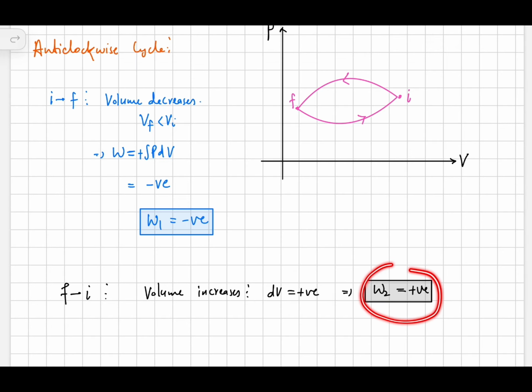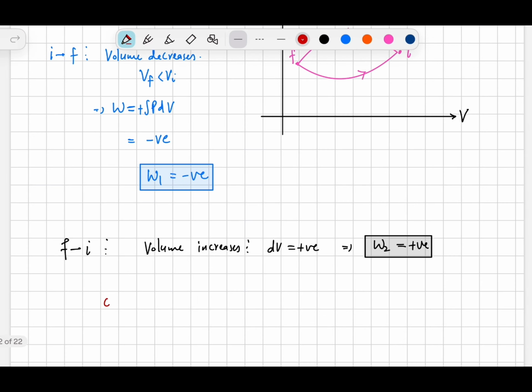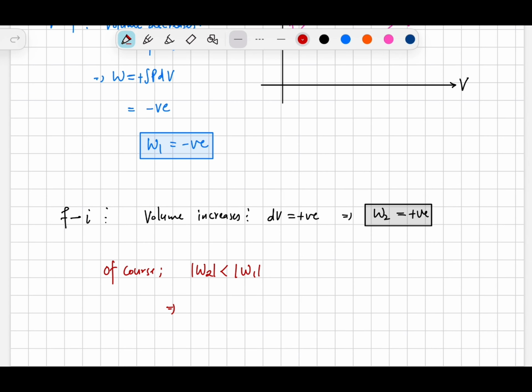अगर एक नंबर पॉजिटिव है और एक नंबर नेगेटिव है तो इनका नेट, इनका रिजल्टेंट क्या आएगा, वो डिपेंड करता है कि किसका मैग्नीट्यूड बड़ा है। तो if you see the area for W1 is this, area for W2 is this. So of course the magnitude of W2 is less than the magnitude of W1, therefore the net work W total is negative.